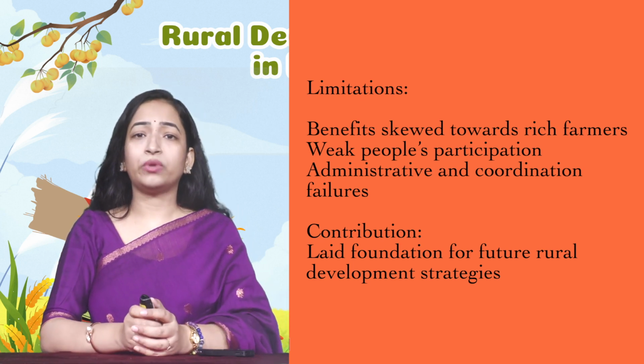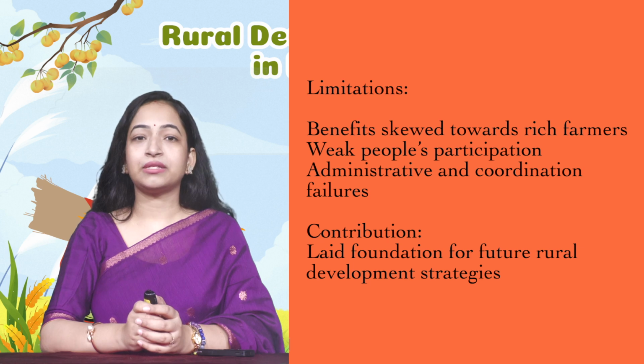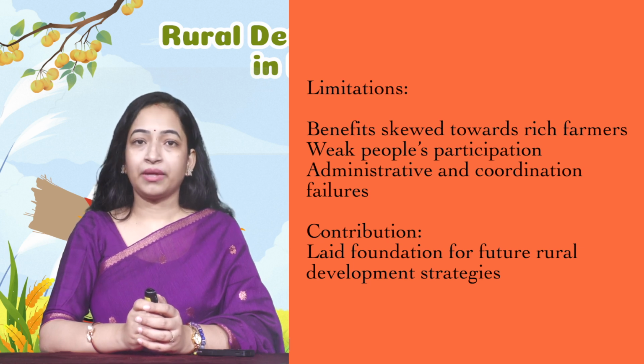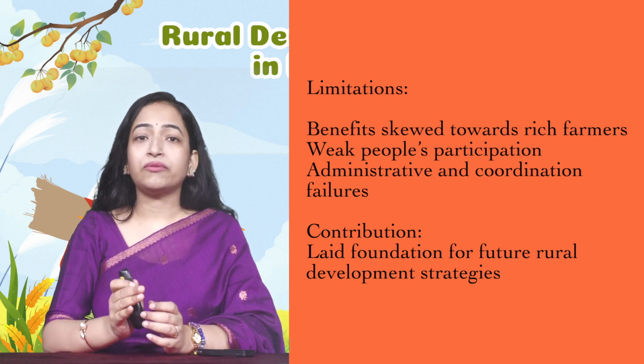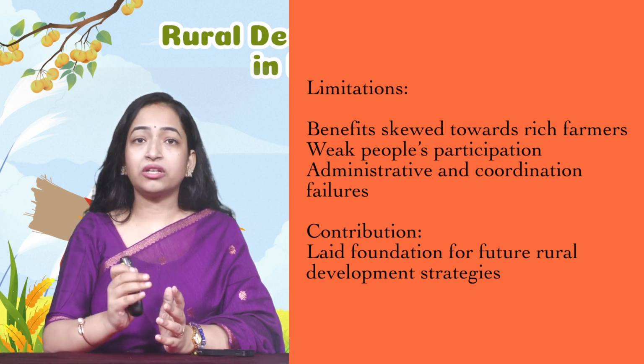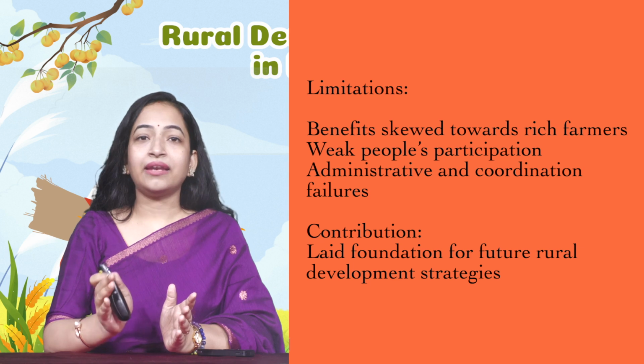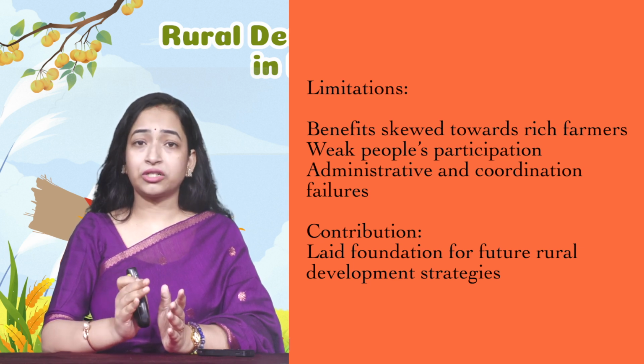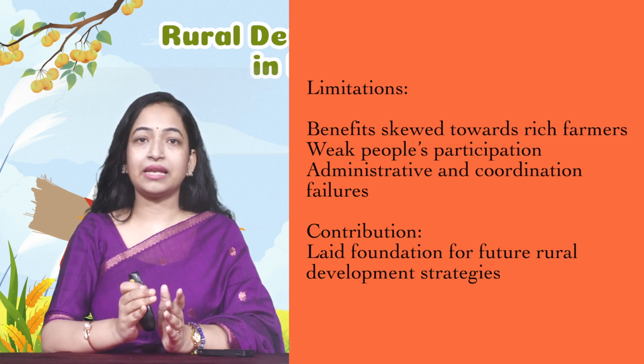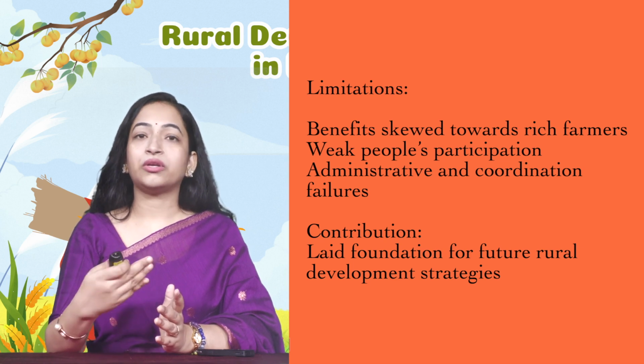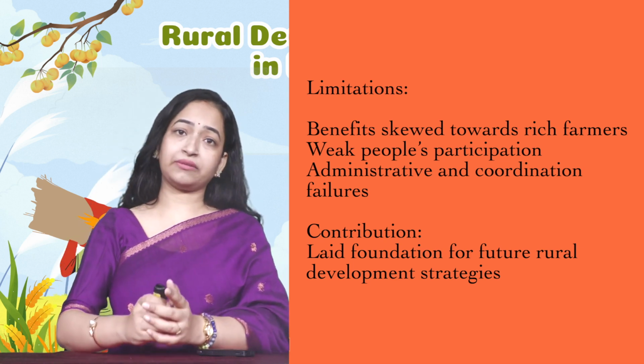Efforts to promote rural industries and cooperatives did not gain momentum. And additionally, administrative weakness, bureaucratic delays, coordination issues, interdepartmental rivalries, and the absence of clear functional responsibilities at various levels further hampered the program's effectiveness.